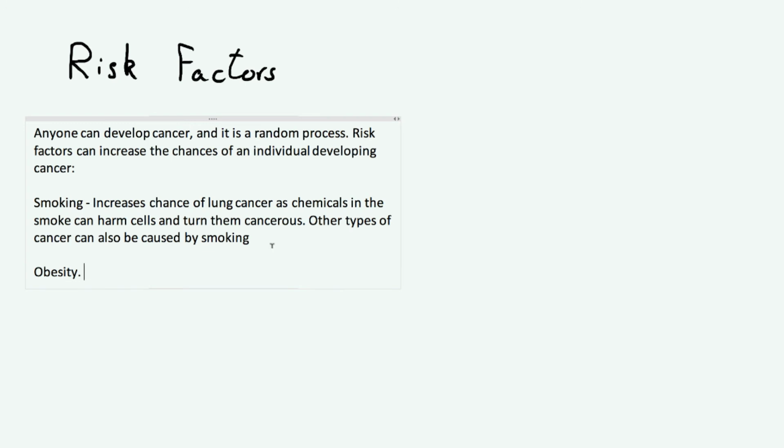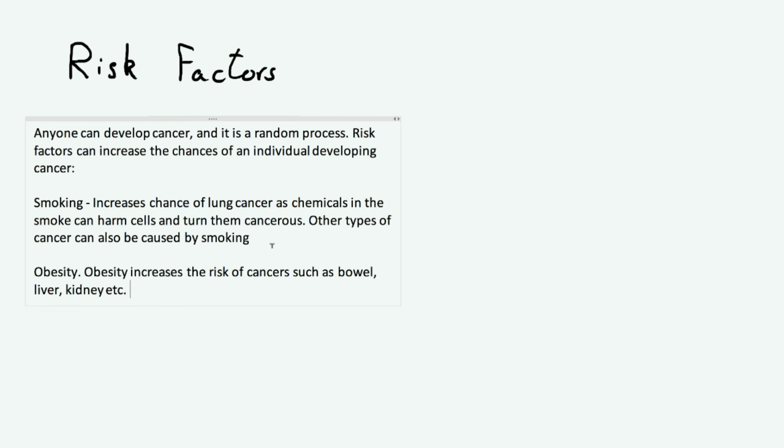Obesity has been linked to many different cancers, mainly bowel cancer, liver cancer, kidney cancer and so on, so things to do with the digestive system. Obesity increases the risk of cancers such as bowel, liver, kidney, etc. Both smoking and obesity are avoidable risks.